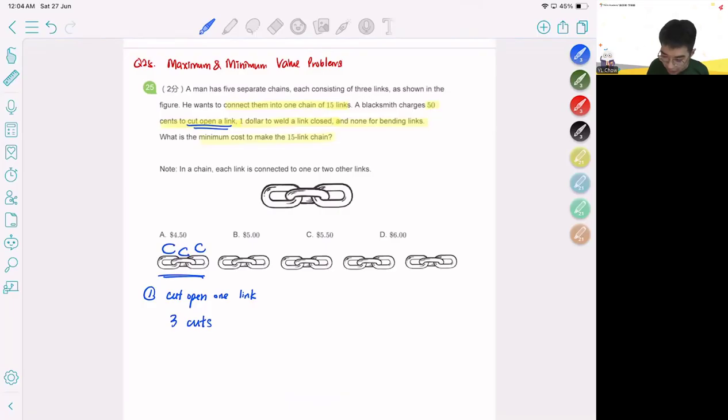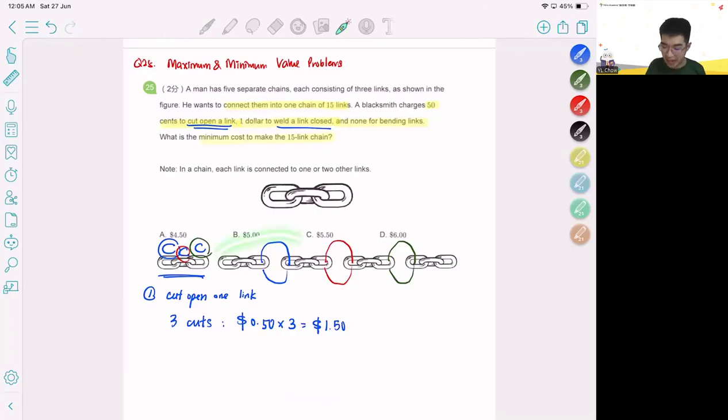These three cuts will cost me 50 cents times three, which is equal to $1.50. Then I am going to use the first C to connect the second and the third. And I'm going to weld the link closed, meaning I'll turn it back into an O. Then the second C, I will use it on these two. The third C, I will use it on these two. And then you realize you have now a full long chain.